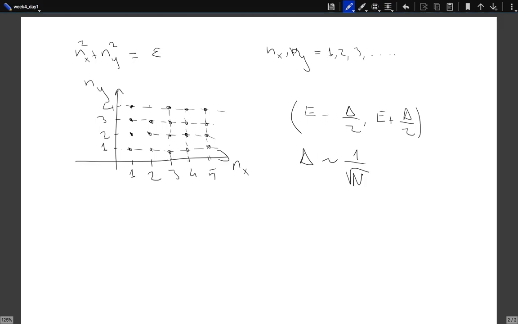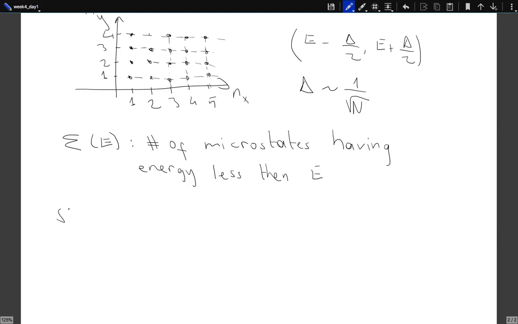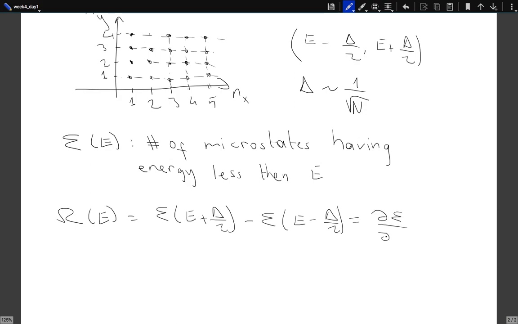Now, keeping these in mind, what we will first do is not just straight away calculate the number of states having a given energy, but let's define another function, sigma E. This is the number of microstates having energy less than E. If we can calculate this, omega will be nothing but sigma of epsilon plus delta over 2 minus sigma of epsilon minus delta over 2, or d sigma by d epsilon times delta.